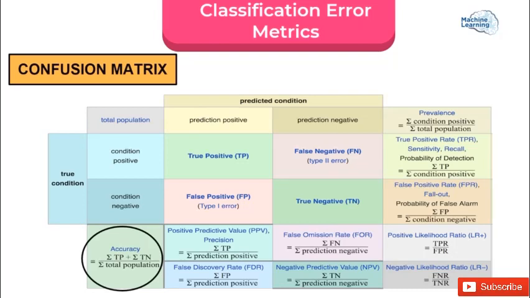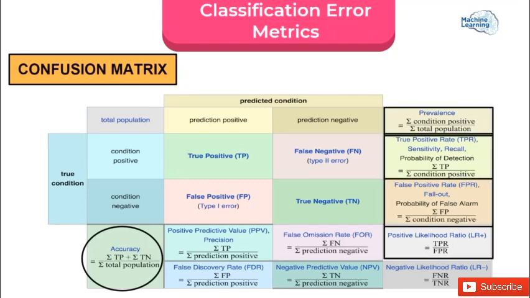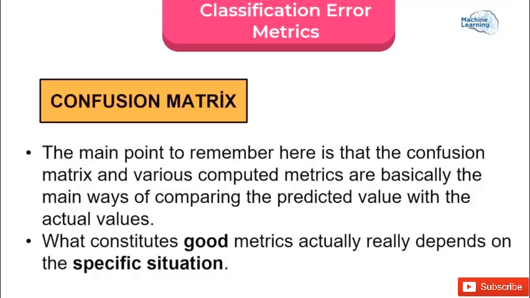And there's a bunch of other ones like positive likelihood ratio, false positive rate, true positive rate, prevalence, false discovery rate, and many more. But the main point to take away is that the confusion matrix and the various computed metrics are basically the main ways of comparing the predicted value with the actual value. And what constitutes good metrics really depends on the specific situation.